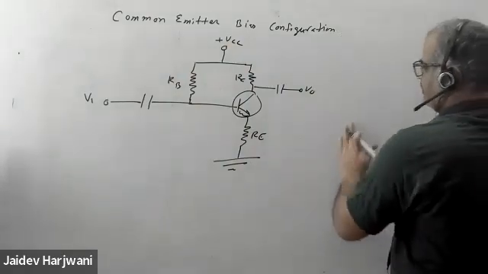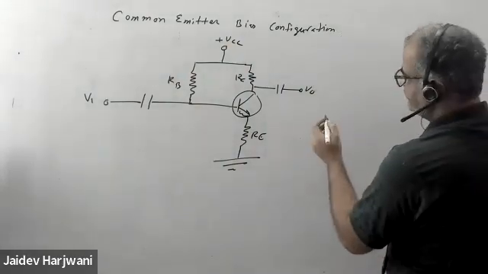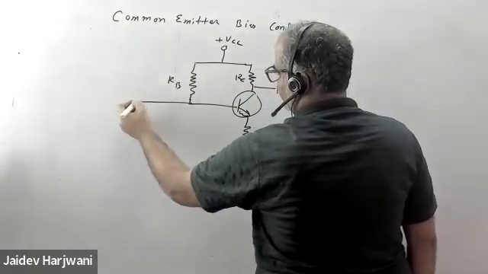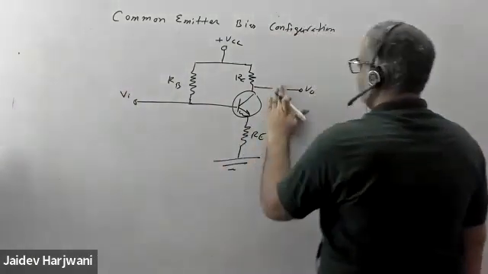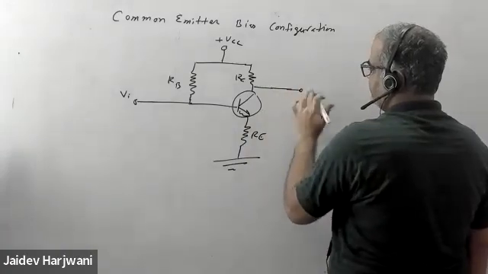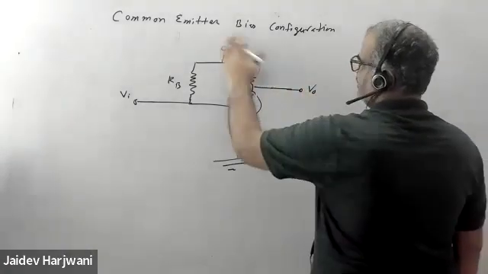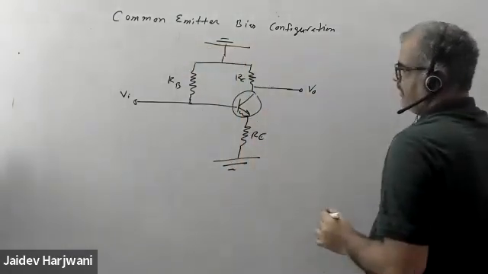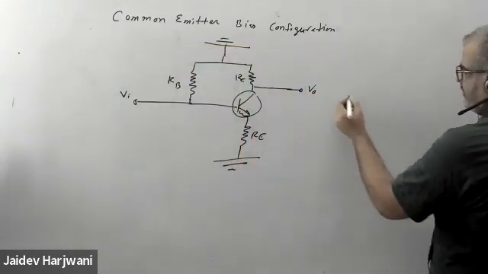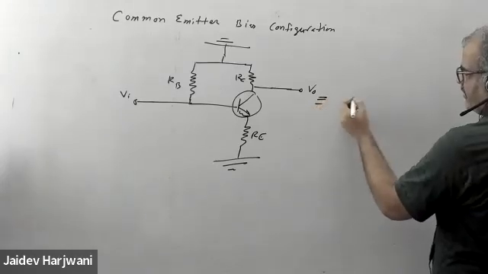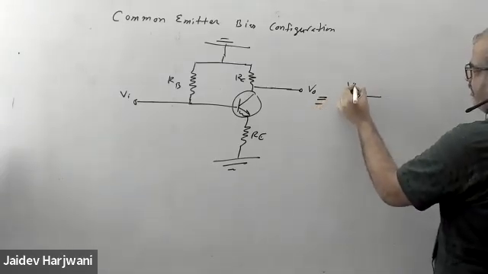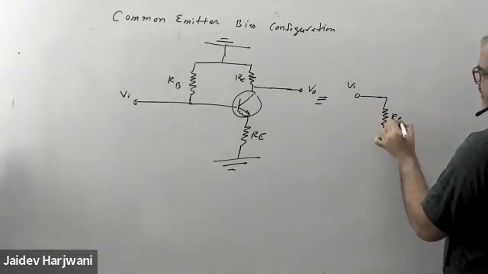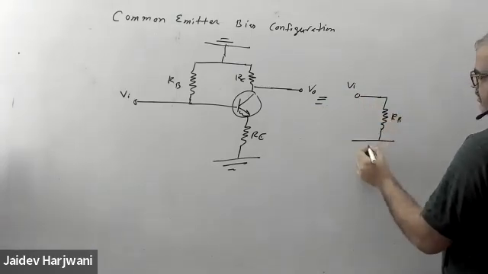So now, what would the equivalent circuit be? In the equivalent circuit, this will be open, this will be short, and the capacitor will be short for AC analysis, and this becomes grounded. Similarly, we will make the equivalent circuit. You have V input here, you have RB, which is grounded.